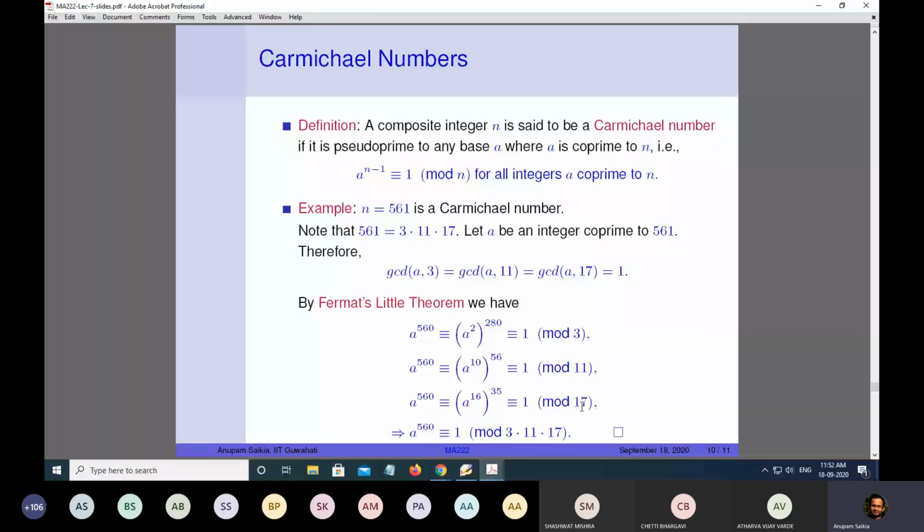So if 3, 11 and 17 all occur in the prime factorization of a to the power 560 minus 1, then all 3 will be there. So in other words, a to the power 560 minus 1 will be divisible by 3, 11, and 17. Why is it so? Because they are co-prime. Otherwise it would not matter. Like suppose this is 3 and this is 9. Then you cannot say that it will be divisible by 27. But if they are co-prime, certainly you can.